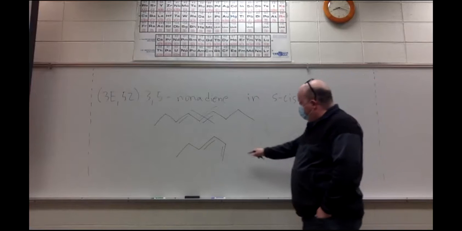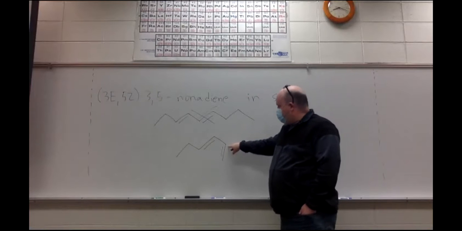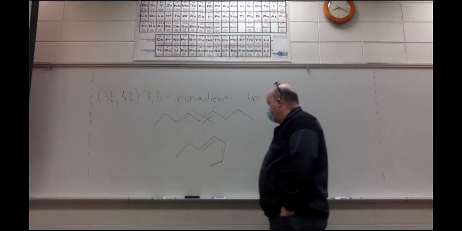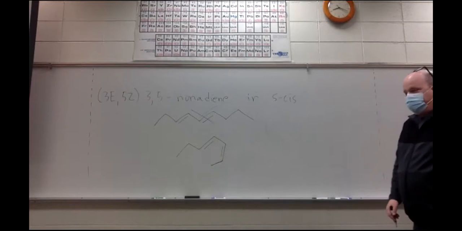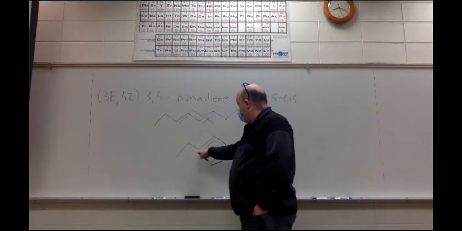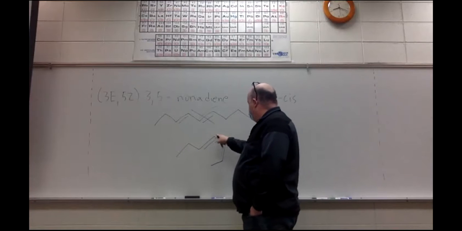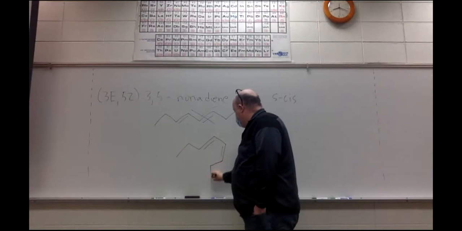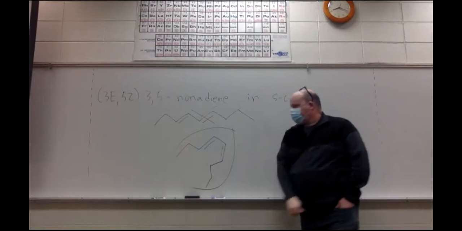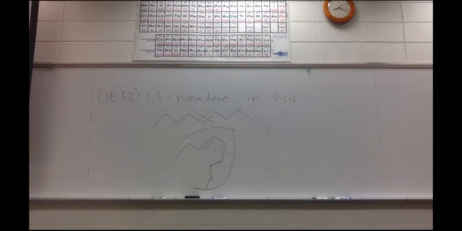And then finally, I need a cis relationship around this double bond, so I want to draw the next carbon like that. And then I should just be able to finish out the chain: 1, 2, 3, 4, 5, 6, 7, 8, 9. And so that is the correct stereochemical representation of that compound.